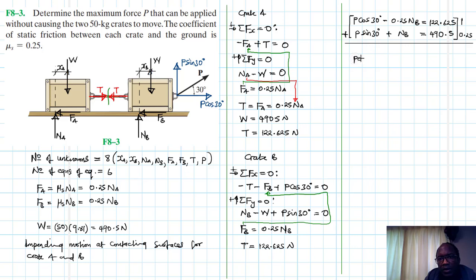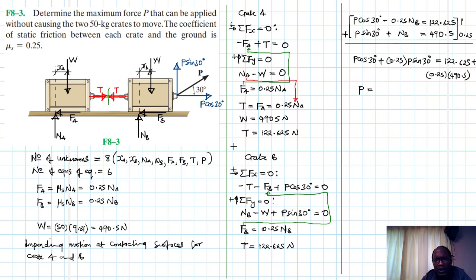So this will be P cos 30 plus 0.25 P sine 30 equal to 122.625 plus 0.25 by 490.5. Therefore, our P is just going to be equal to, let's work it out now.